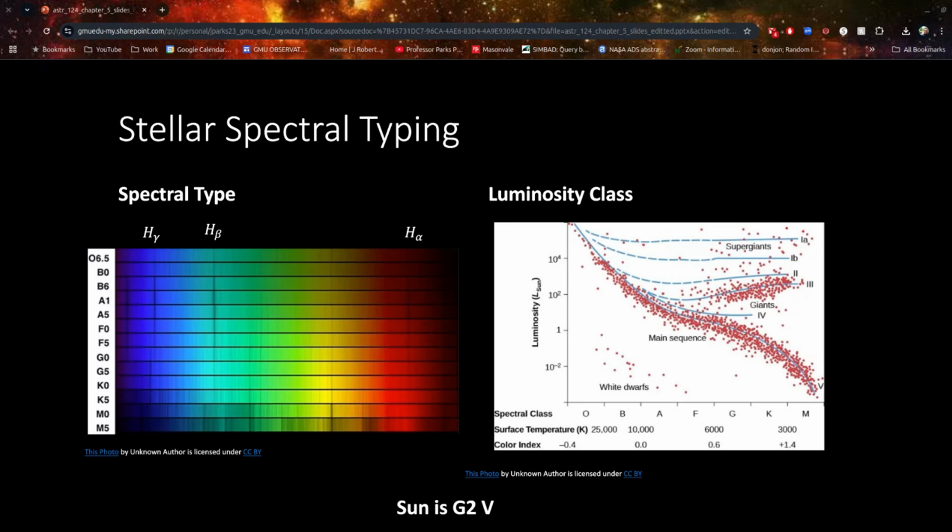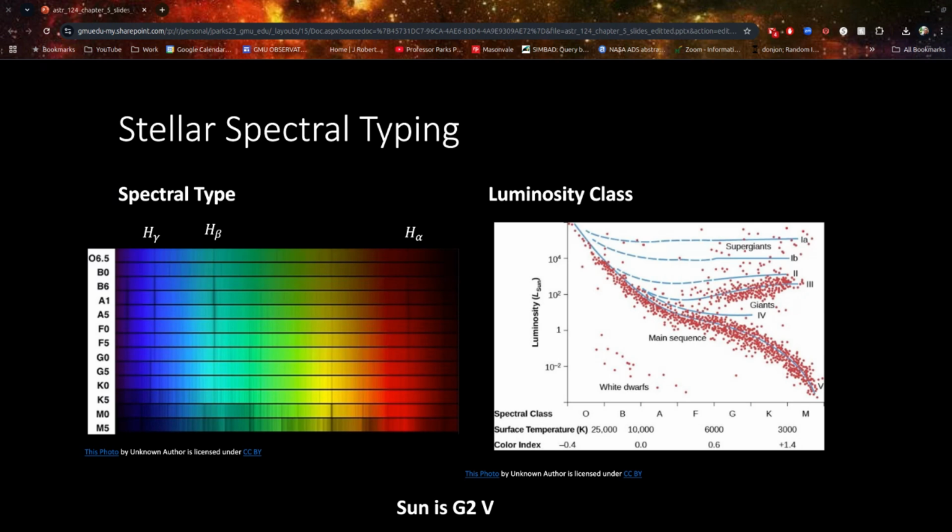The hydrogen lines are fairly weak, but as you get to stars that are redder in color, the peak of the SED moves to the right. The lines become greater in strength, and then it decreases as you go down.